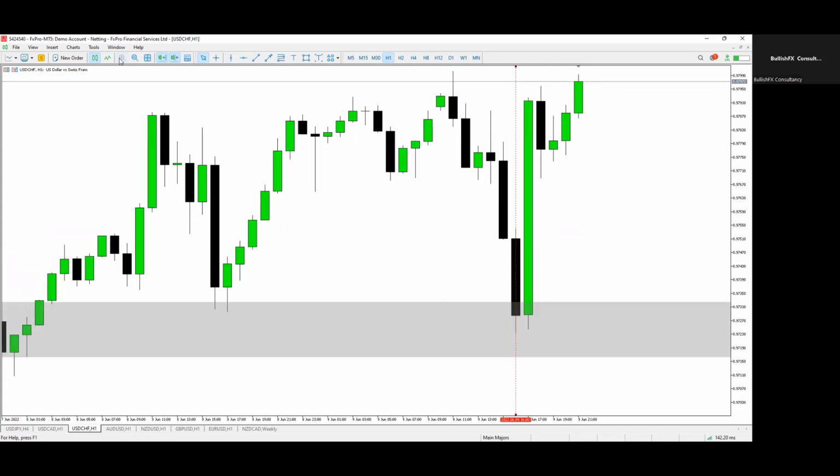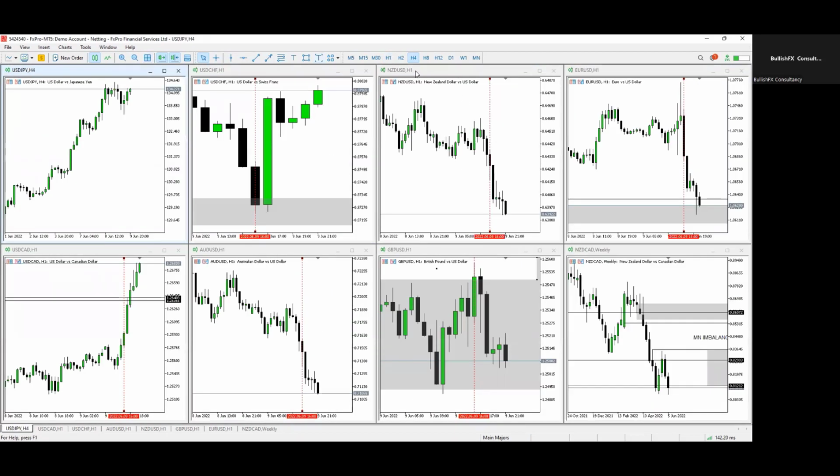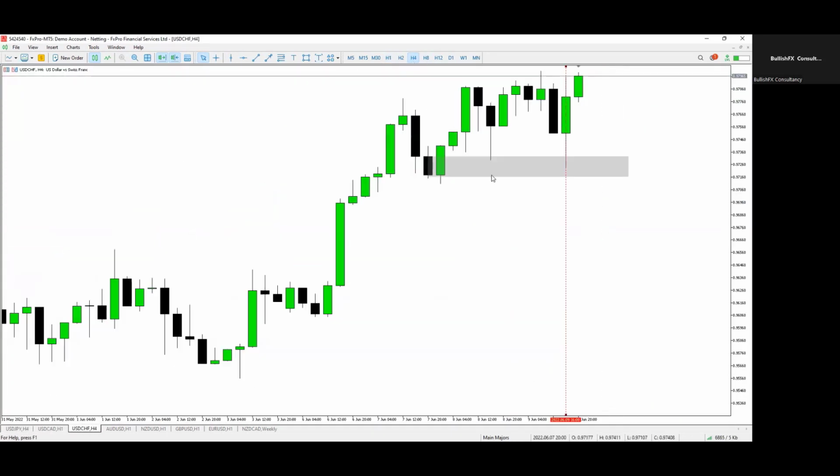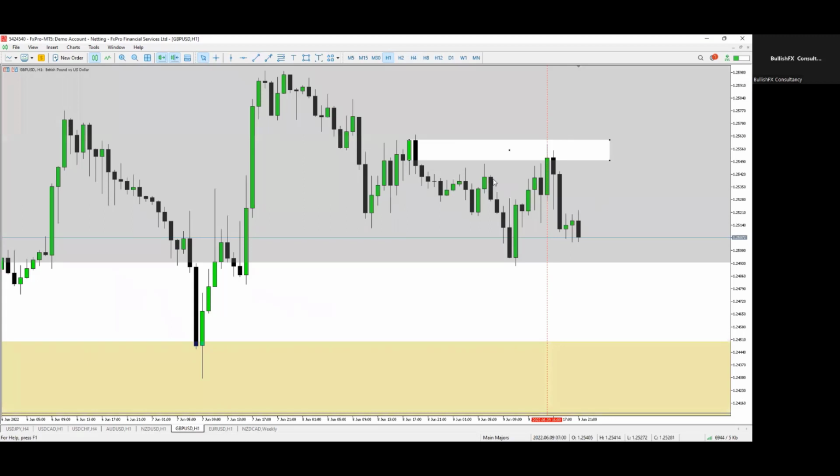Now on USD CHF, on the hourly chart, you can see we've got a bullish order block. We've got a bullish order block on the H4 chart. Now this is USD CHF.